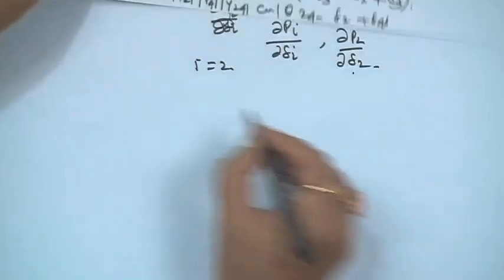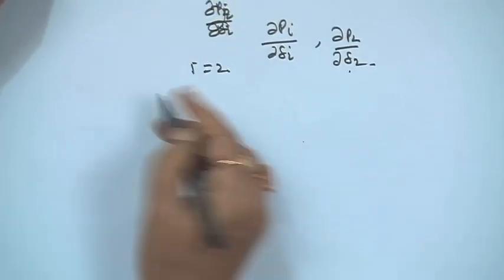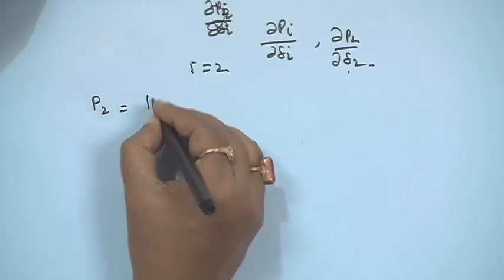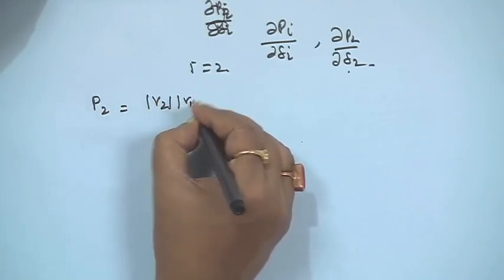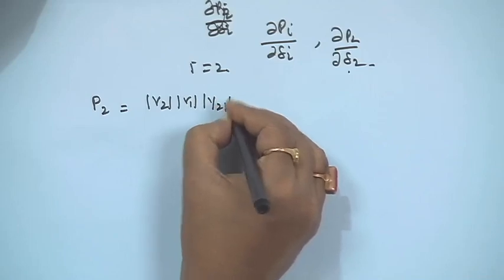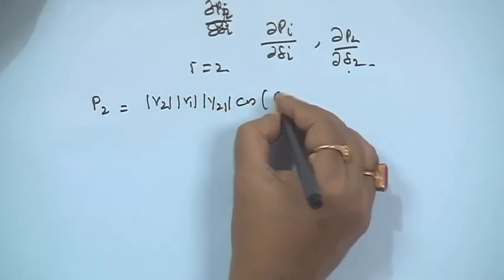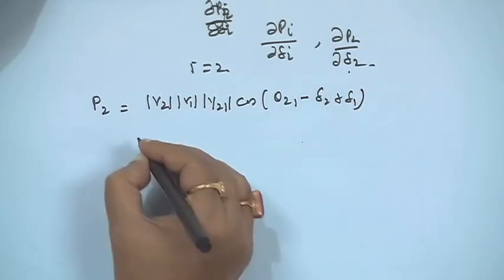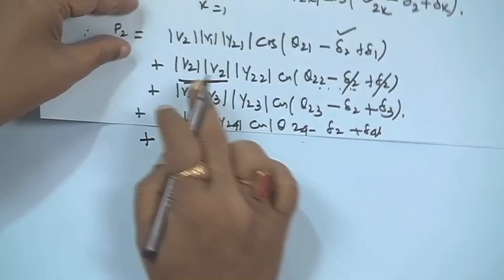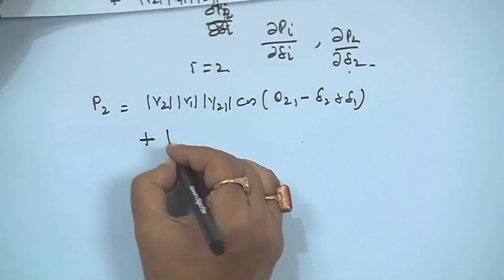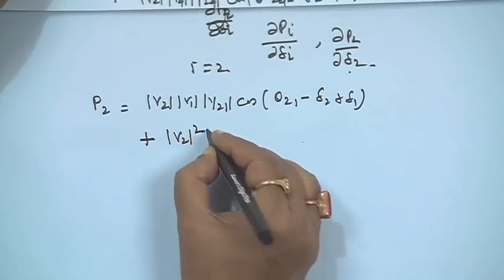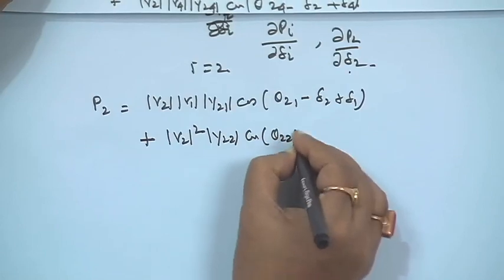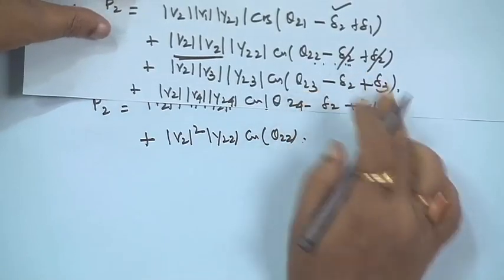So if I rewrite once again, P 2 is equal to V 2 V 1 y 21 cosine theta 21 minus delta 2 plus delta 1, then plus V 2 into V 2, so it is V 2 square, then y 22, then cosine theta 22, because delta 2 will be cancelled.